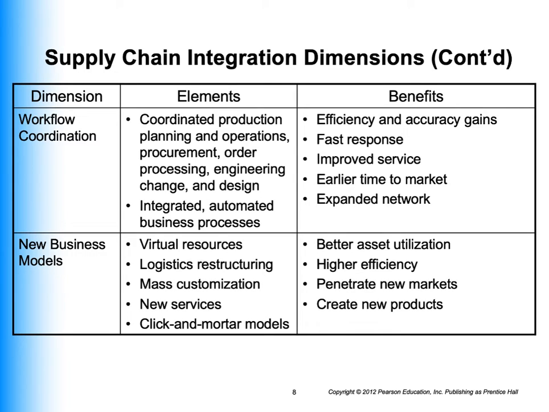To continue, workflow diagram elements: coordinated, integrated, virtual resources, logistics, mass customization, new services, click and mortar model. Benefits: efficiency, fast response, improved service, earlier time to work, expand, better asset, high efficiency penetration, create new products.